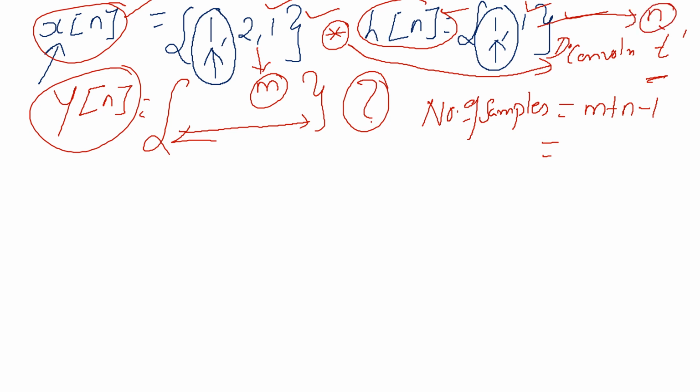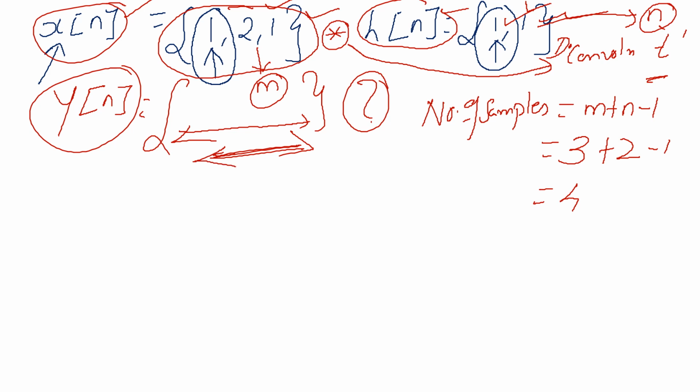Okay, so how many samples are here? m is equal to 3. How many here? n is 2. So 3 plus 2 minus 1, 5 minus 1, 4. So this convolution product, the final answer, will definitely have 4 samples, like this: y1, y2, y3, y4. Okay, 4 samples. Let us do it actually.